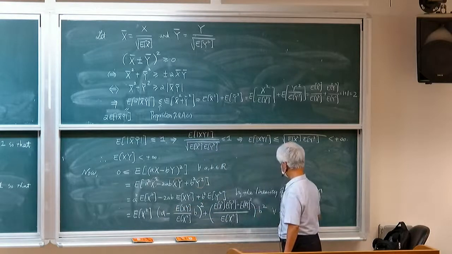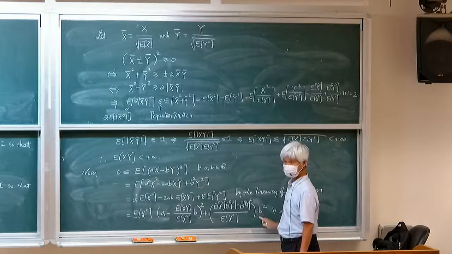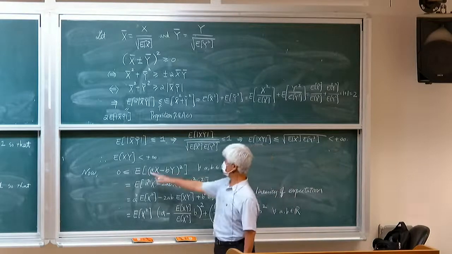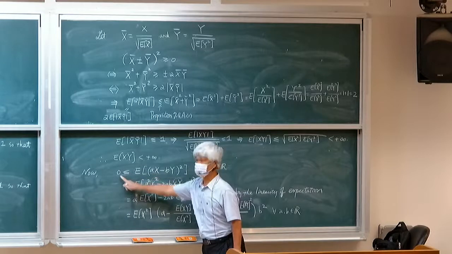And b can be arbitrary, so this becomes negative. But as we know, at the beginning, the lower bound is 0.